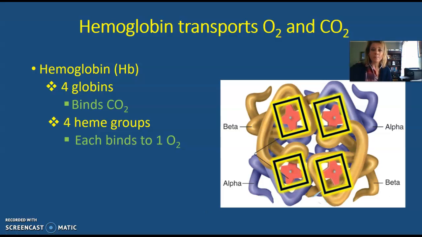Each one of these heme groups binds to one oxygen molecule. So every hemoglobin molecule has the capability of carrying four oxygen molecules. You're probably like, well, that's not really that much, except that every red blood cell has millions of these molecules inside of them. So it works for our bodies.